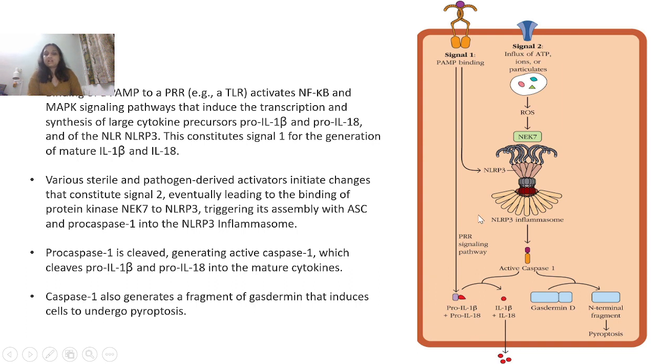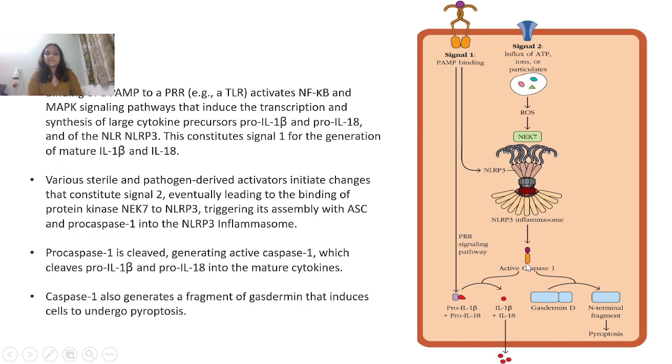This constitutes signal 1 for the generation of mature IL-1 beta and IL-18, as well as from the signal 2 from various different sterile and pathogen-derived activators, which lead to the binding of the protein kinase NEK7 to NLRP3, triggering its assembly with ASC and procaspase 1 into the NLRP3 inflammasome.